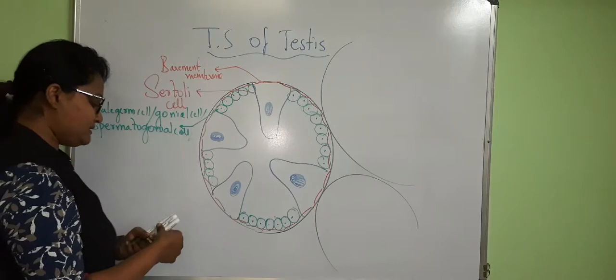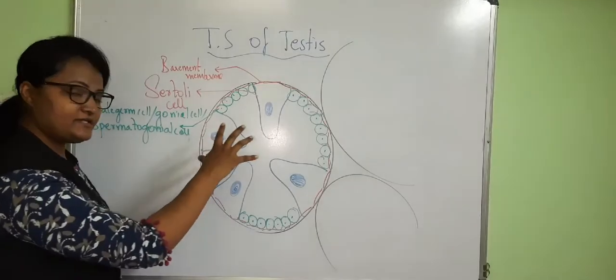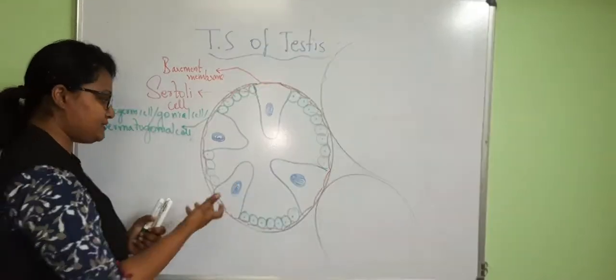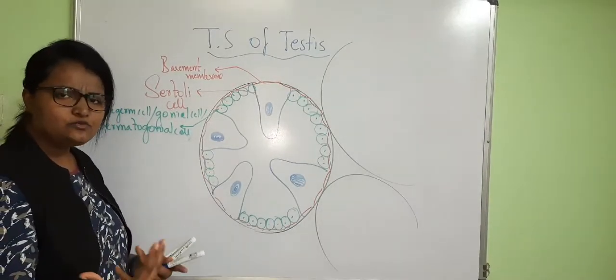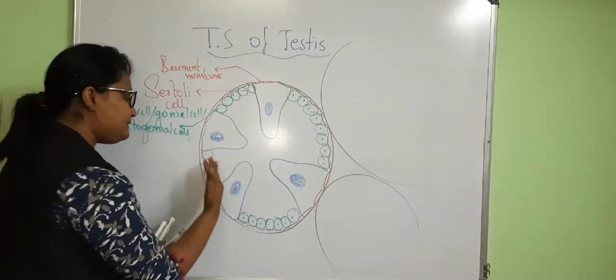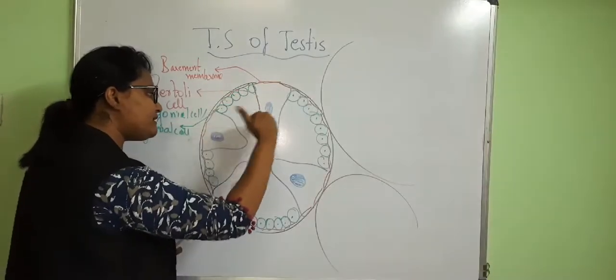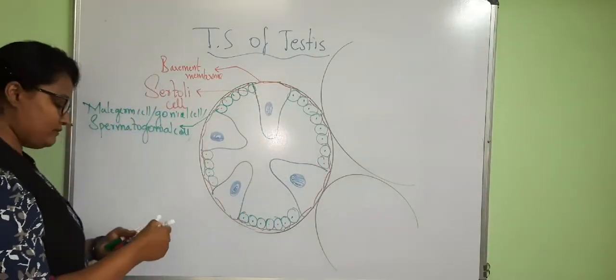So when there is division, these germ cells undergo meiotic divisions to form sperms, and they form different layers of different kinds of cells. I'll label one by one.